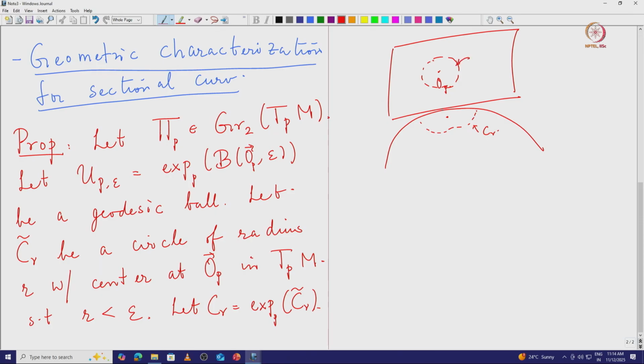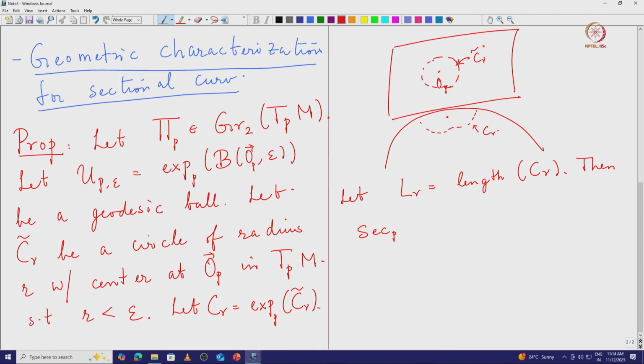So you should think of Cr as some sort of circle with center at p in M, okay. So let Lr be the length of Cr, okay. Then we have the following formula for the sectional curvature.